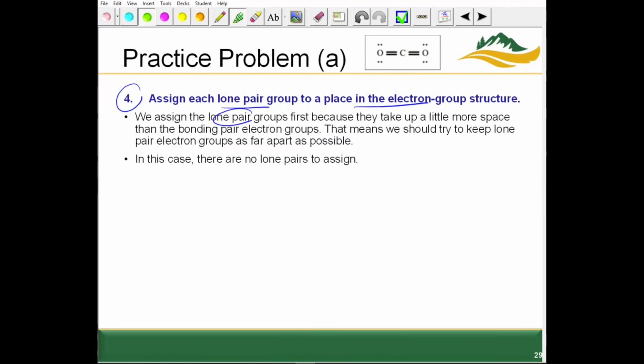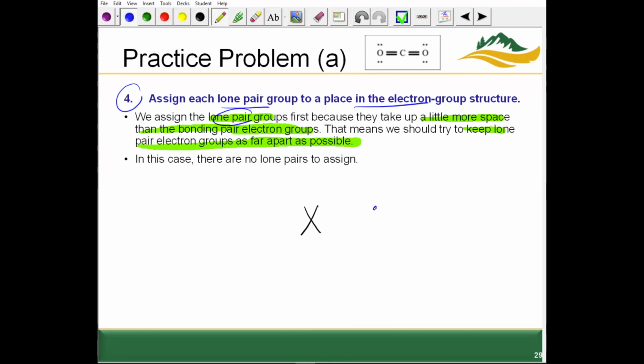But importantly, lone pairs of electrons take up a little more space than a bonding pair of electron groups. So when we start to look at lone pairs around that central atom, we should try to keep lone pair electron groups as far away as possible.